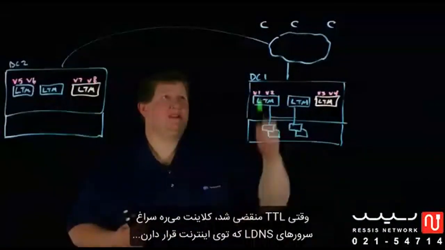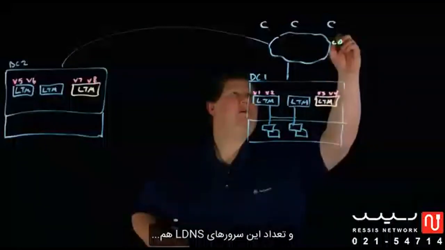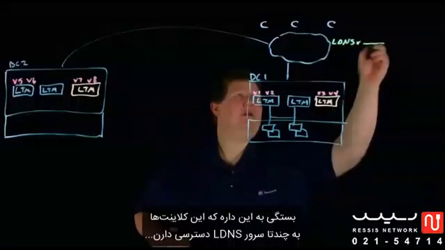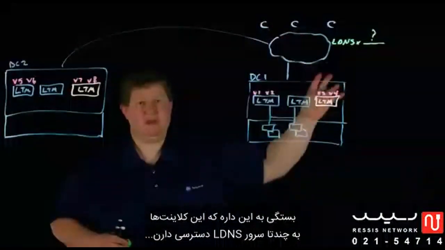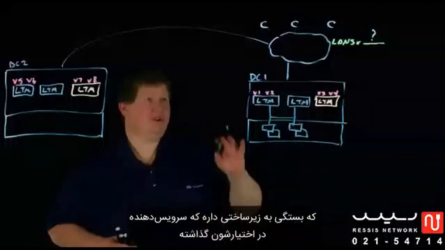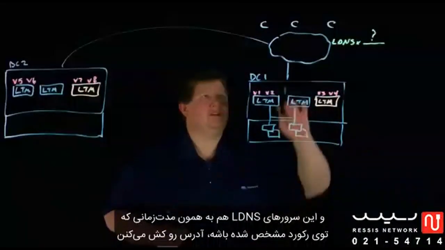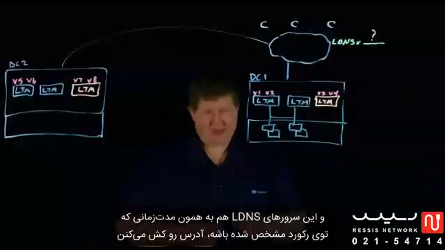When that TTL expires, it'll go out to the LDNS servers that sit out here in the cloud. So you have LDNS times, however many LDNS servers that these clients have access to, and that's dependent on their infrastructure from their provider. And then those LDNS servers will cache as well for as long as these records tell it to cache.